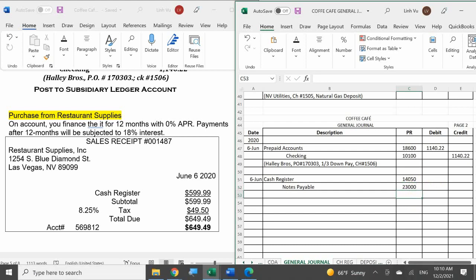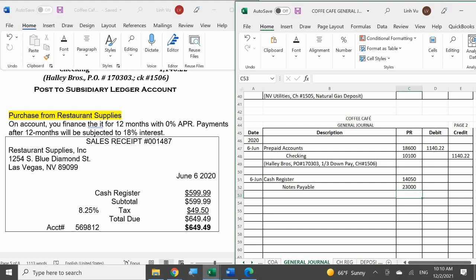Now, how much is going to be my cash register? What number am I going to be recording here? $599.99. Okay, so in this case, that's just the price of the item, right?